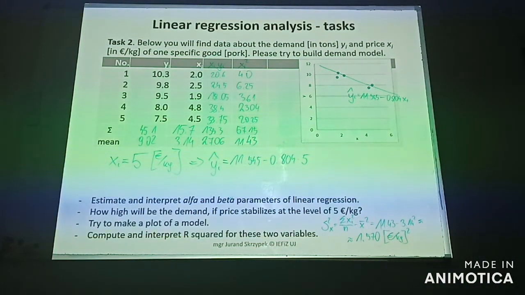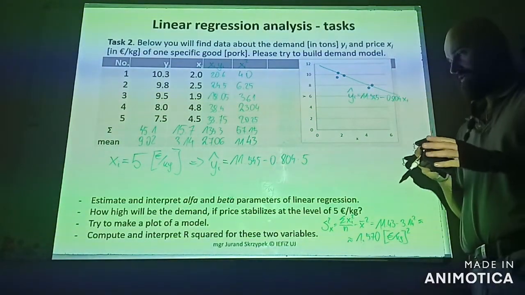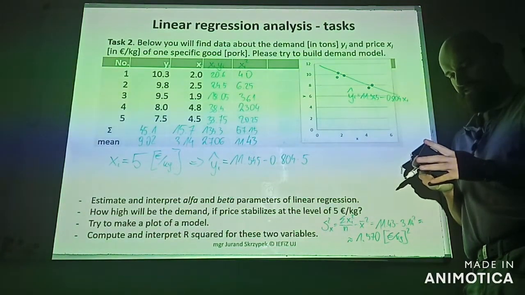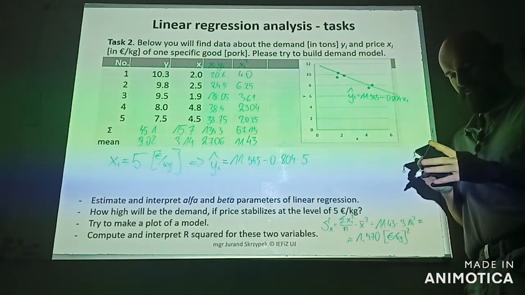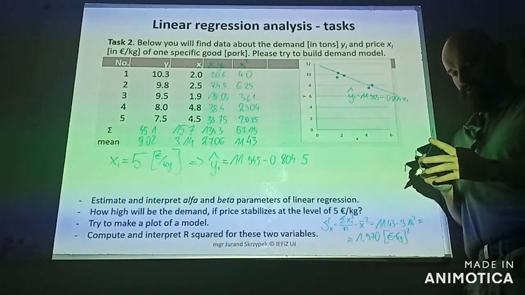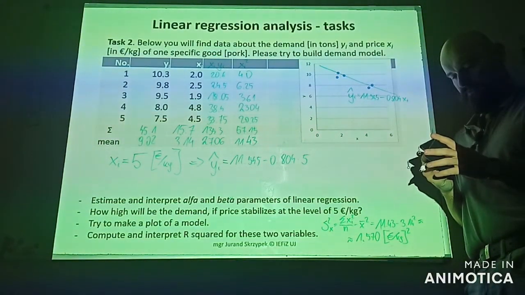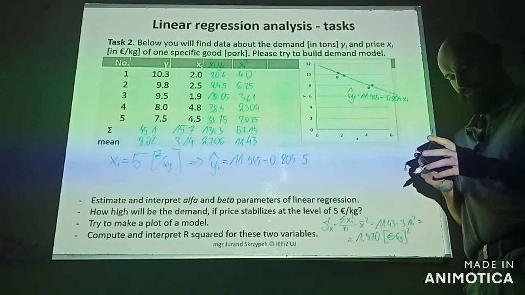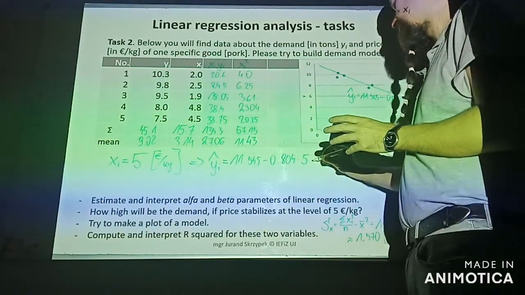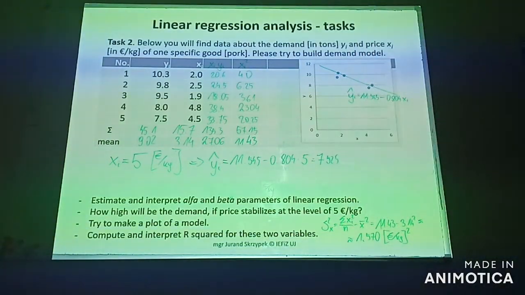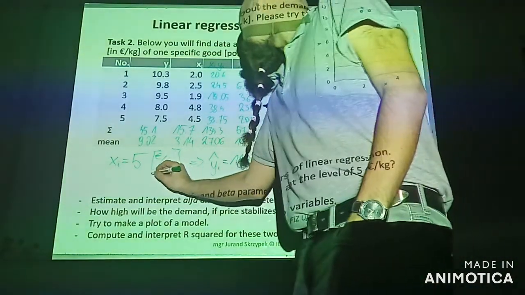Okay, where is my simple calculator? 5 multiplied by 0.804. I hate this calculator. I like scientific calculators. Okay, it's 4.02. 11.545 minus 4.02 is 7.525. So let's answer this question.